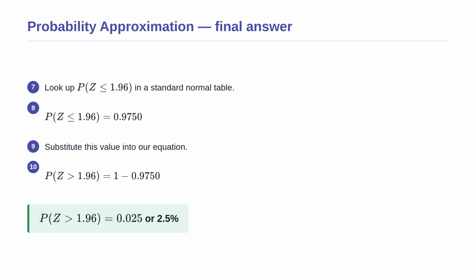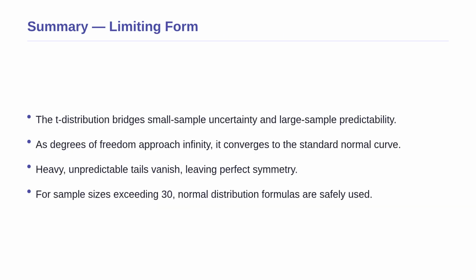By using the limiting form of the t-distribution, we easily solved a complex probability problem for a massive sample size. The physical meaning here is that there is exactly a 2.5% chance of observing a value this extreme in such a large data set. We have covered a lot of ground today, so let us review the key takeaways.